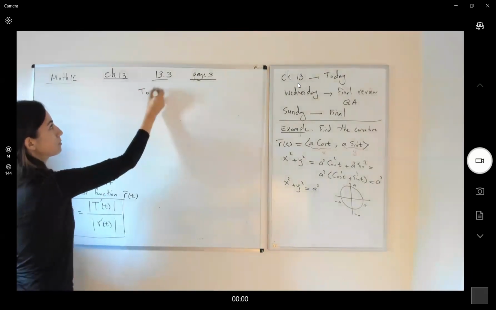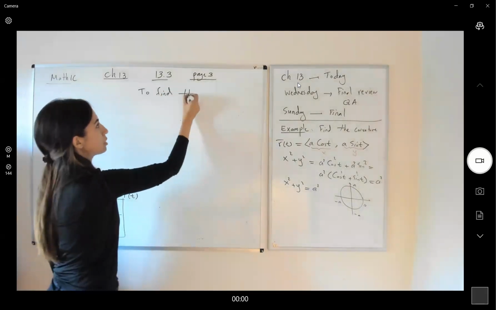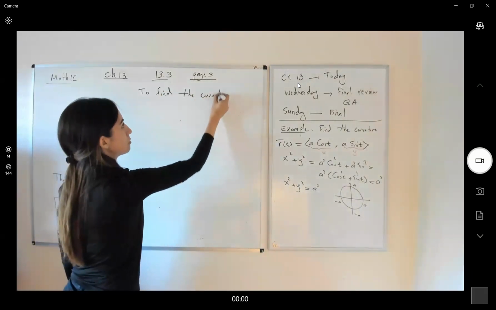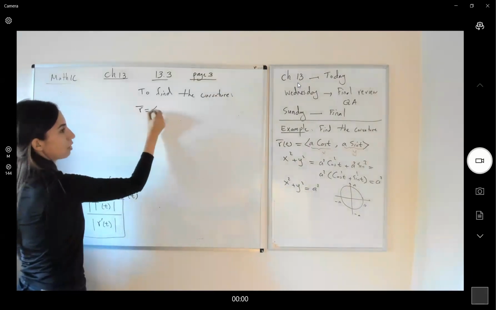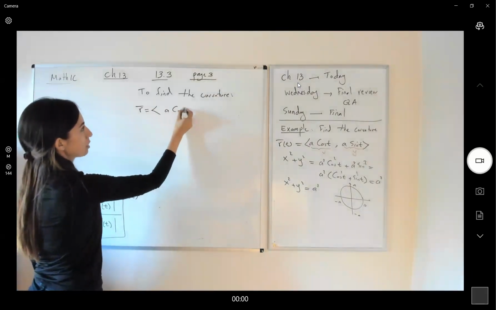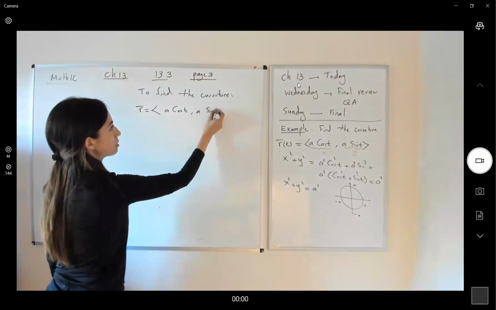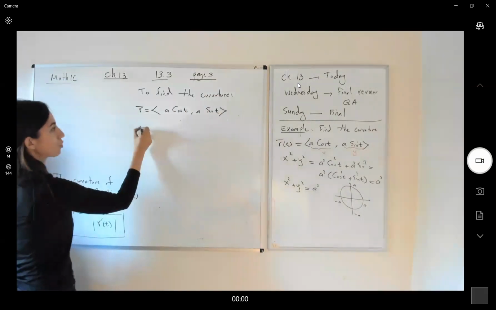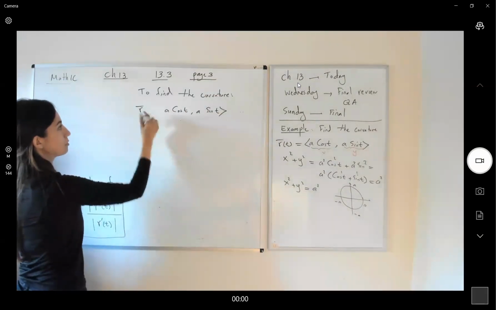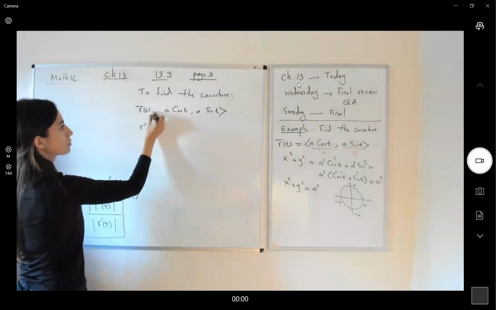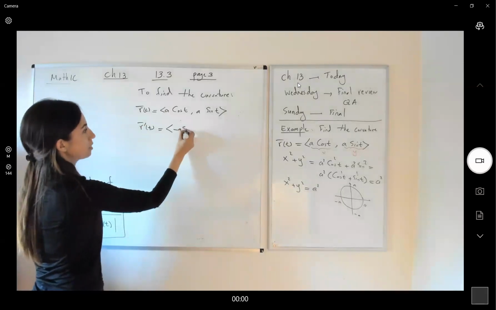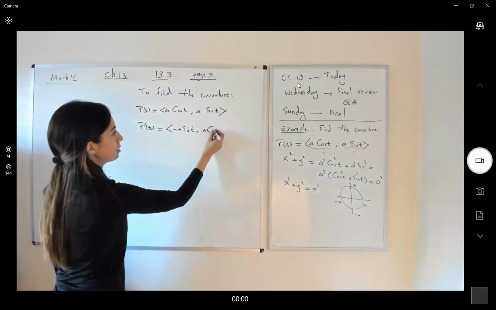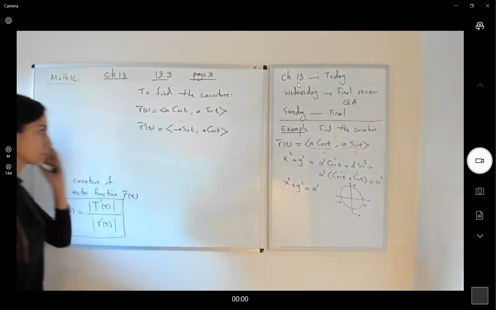So to find the curvature, first write this function down. r(t) is a cosine t, a sine t, and your r prime, the derivative, is equal to negative a sine t, a cosine t.